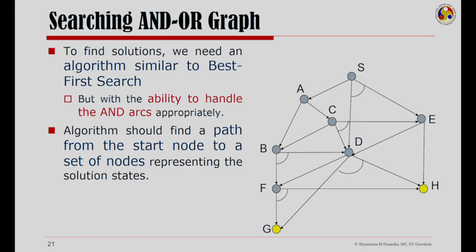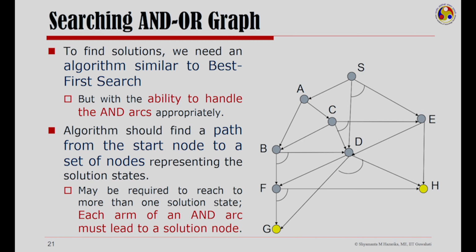And another thing is the algorithm that should find a path from the start node to the set of nodes representing the solution states may be required to reach more than one solution state.